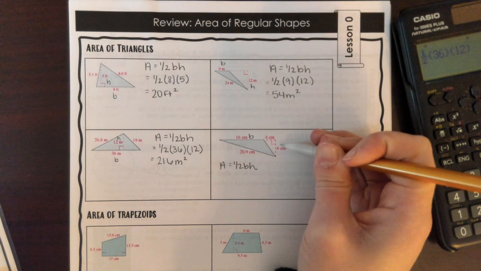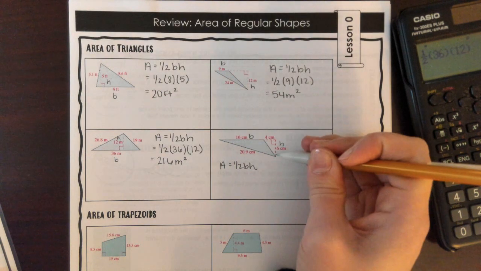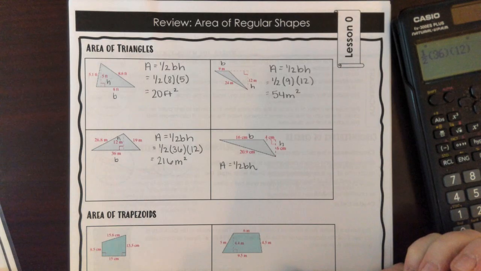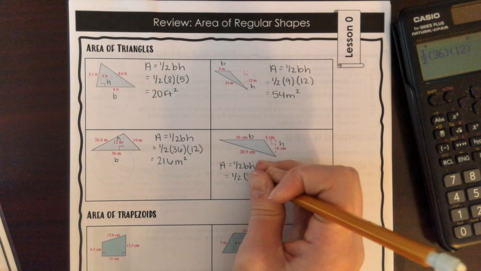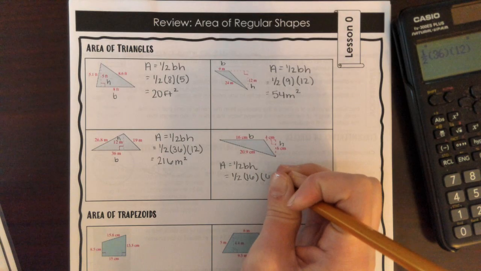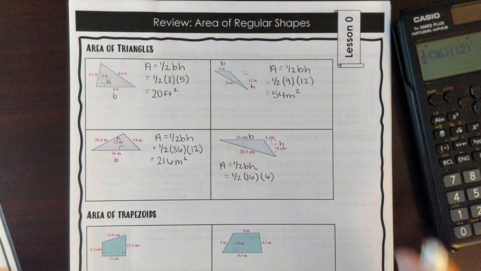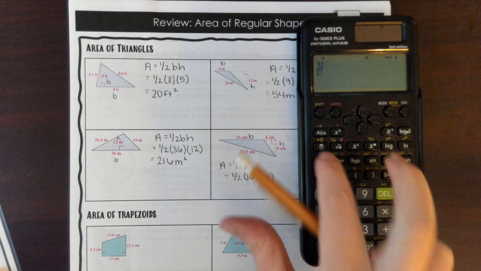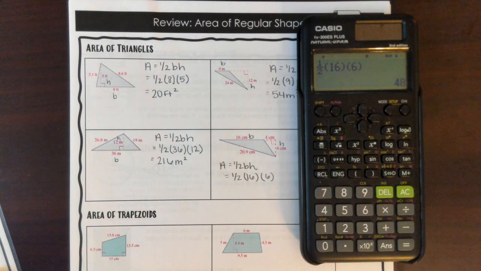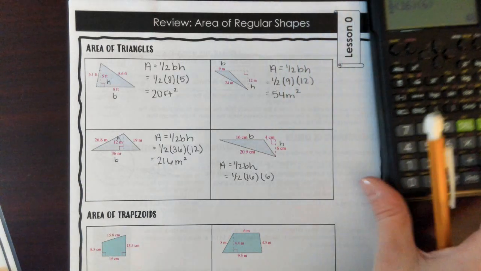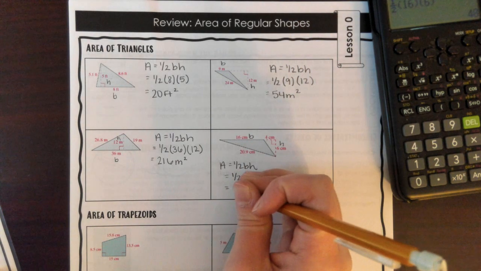And then your height is this piece over here. So it is going to be 6. So we have 1/2 times 16 times 6. And you're going to get 48, so it is 48 centimeters squared.